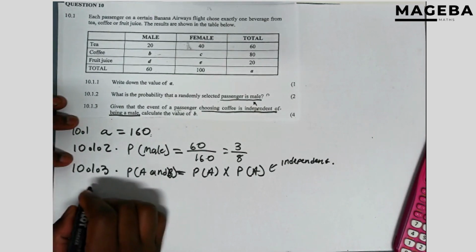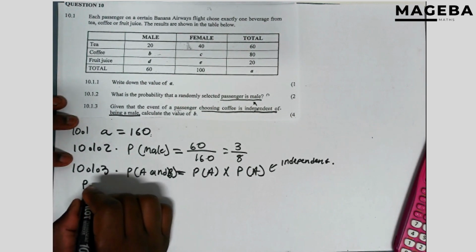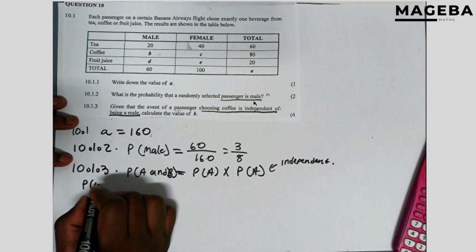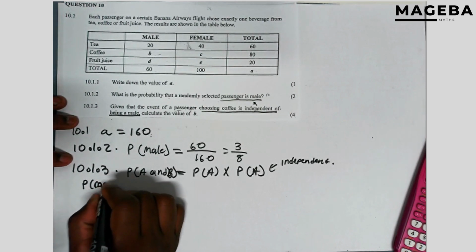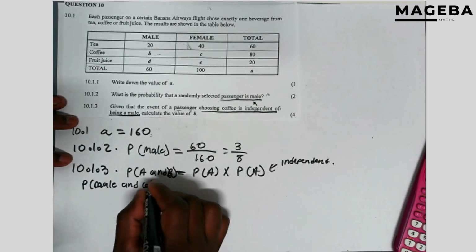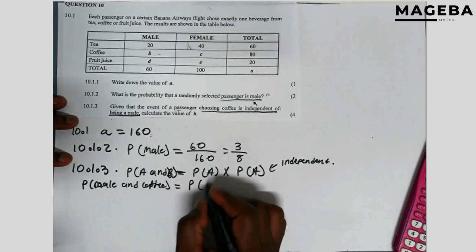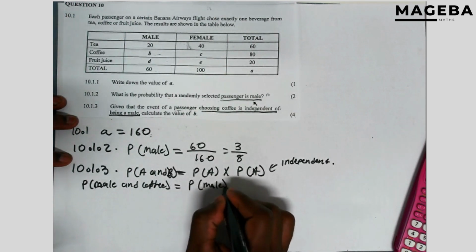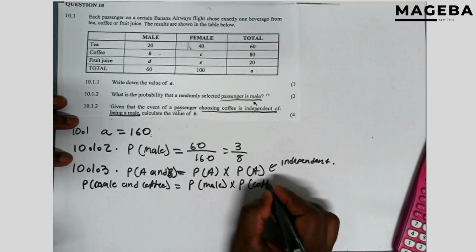So start by writing the probability of a male and coffee equals the probability of male times the probability of a coffee.